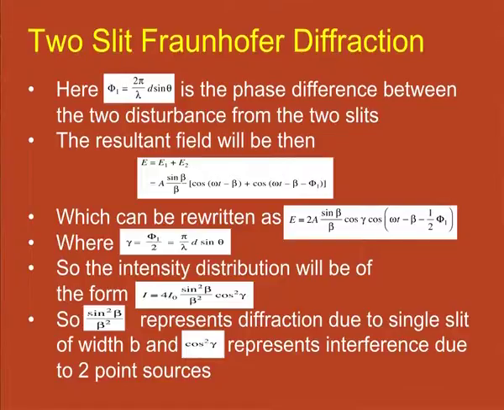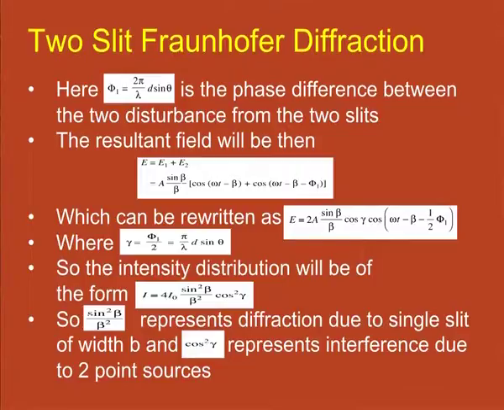This can be rewritten as E equal to 2A sin beta by beta into cos gamma into cos(omega t minus beta minus half phi 1), where gamma equals phi 1 by 2, which is equal to pi by lambda d sin theta.